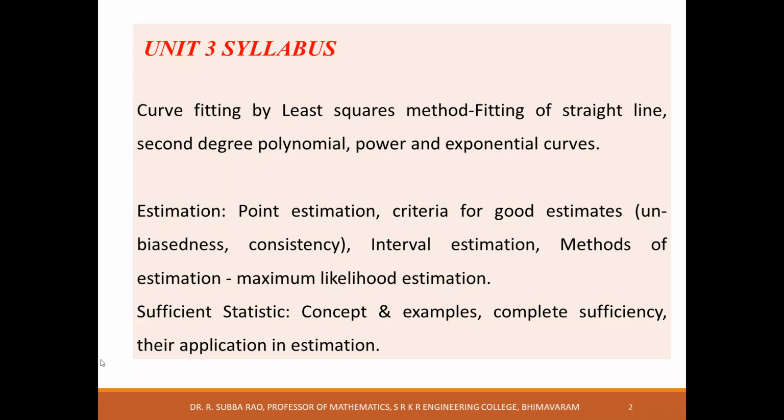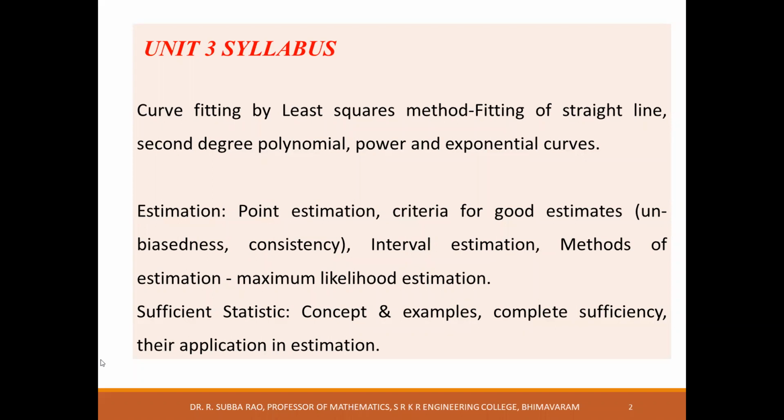Therefore, we are trying to give some conclusions on the population parameters or any statistical hypothesis. For this, there are 2 major parts. One is estimation theory and the other is testing of hypothesis. Therefore, statistical inference has 2 arms: one arm is the estimation theory and the other is the testing of hypothesis.